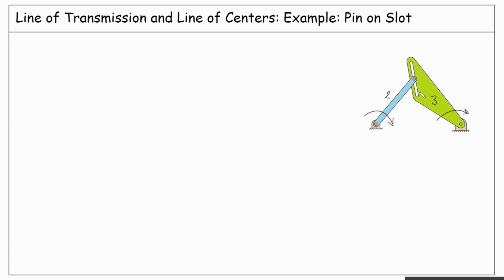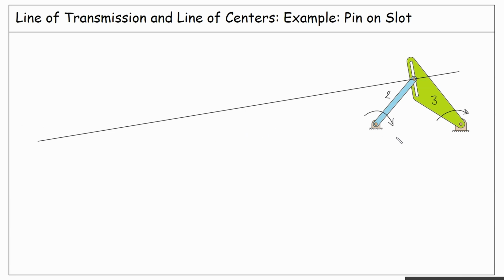As you see, a pin of link 2 is constrained to move along a slot of link 3. In a case of pin on a slot like this, the line of transmission passes through the pin and is perpendicular to the slot. Something like this.